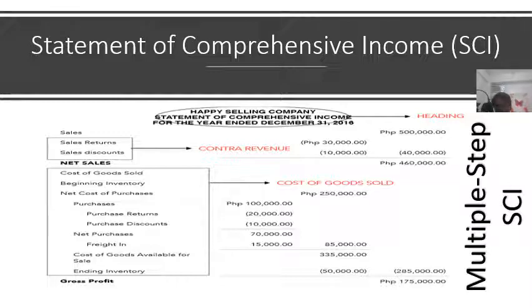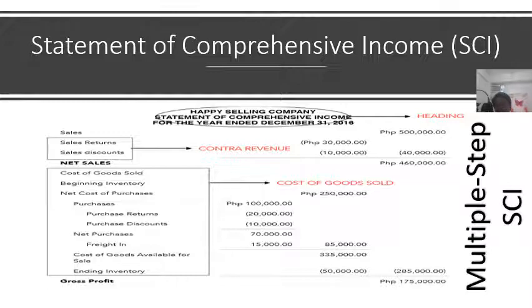So, ulitin natin. Meron tayong net sales na 460. So, ang gagawin mo dyan, ibabawas mo yung cost of goods sold. Paano kinumpute yung cost of goods sold? Beginning inventory na 250 plus 85 na net cost of purchases. Asan yung computation ng 85? Yung mga amounts doon, 100 minus 20 minus 10 equals 70.